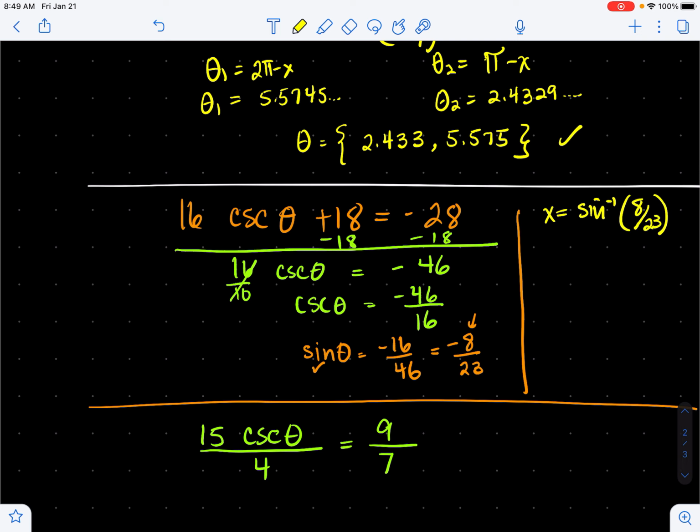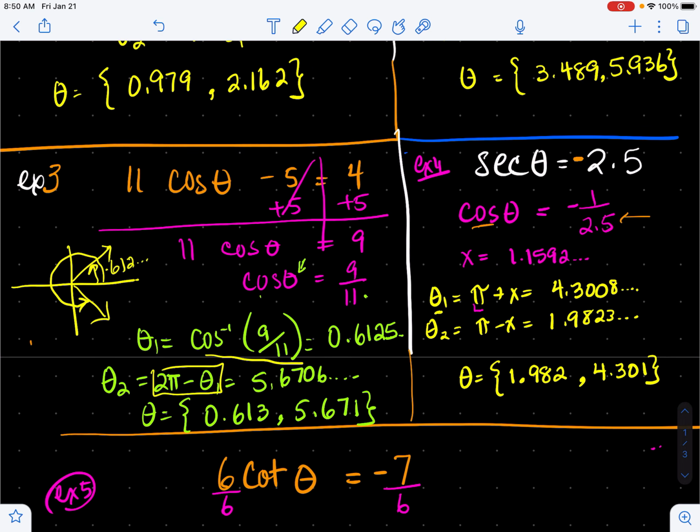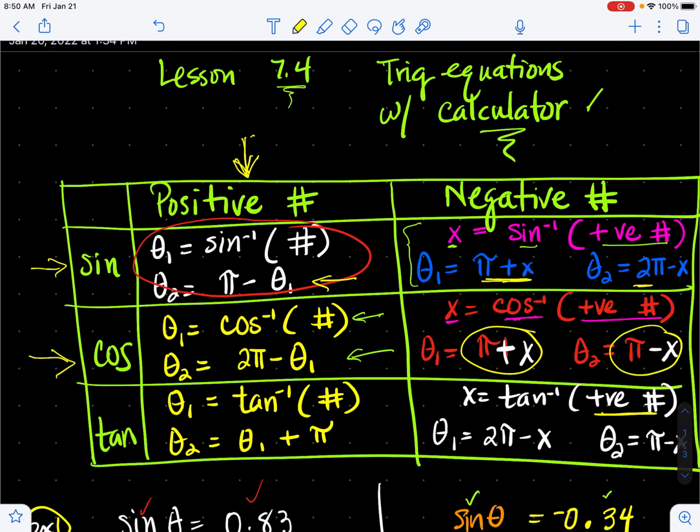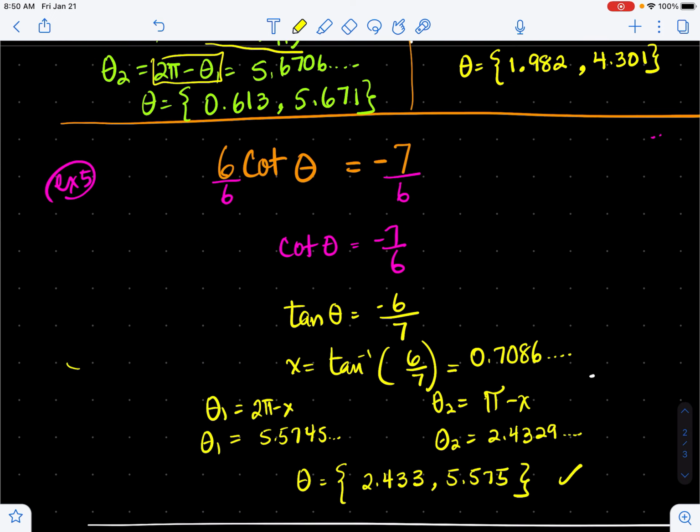Let's find that. 0.35525. And that shall help me find the first angle, which shall be, so we are using this one again, pi plus x and 2 pi minus x.